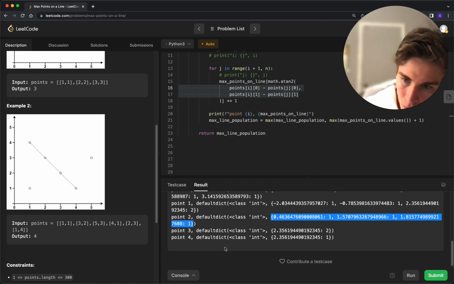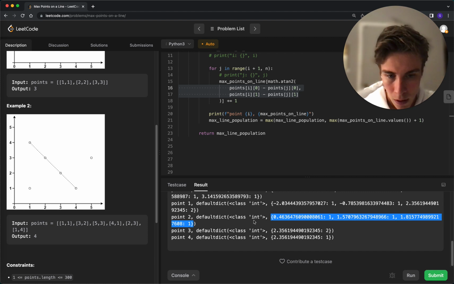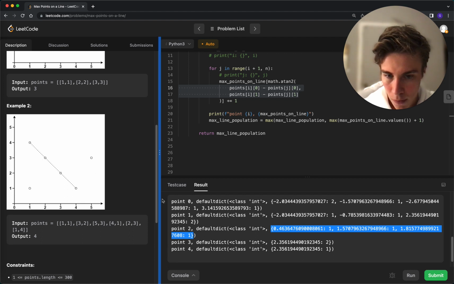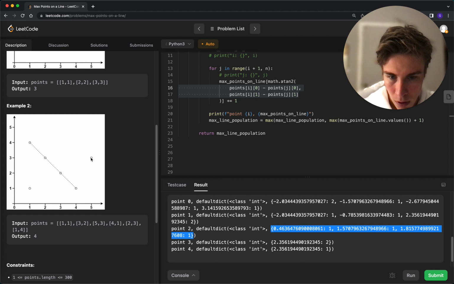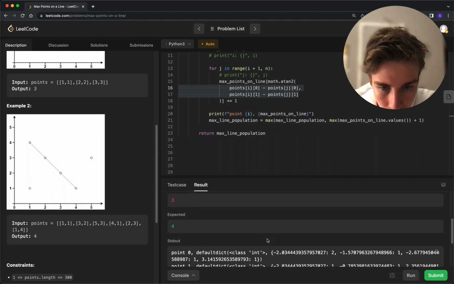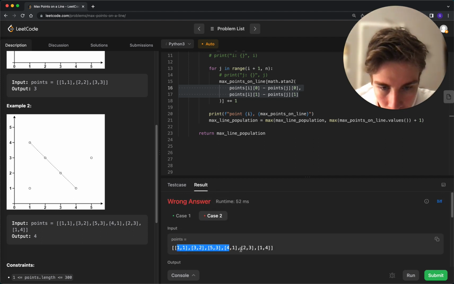And the third and the fourth one... this has, am I looking at the right points?